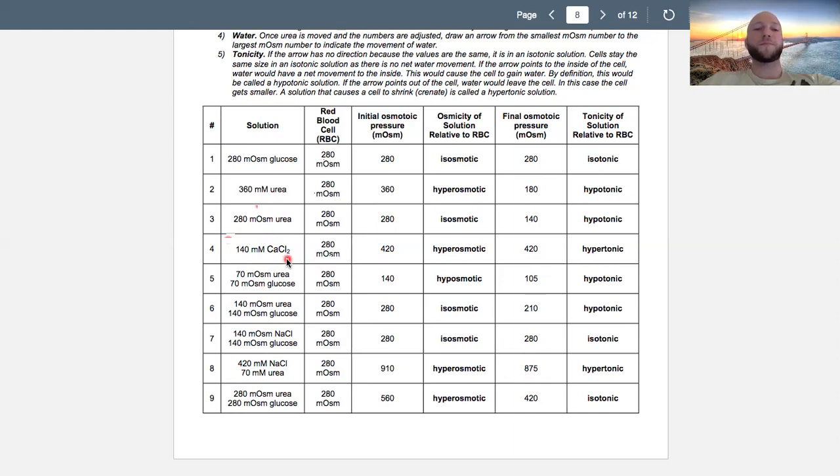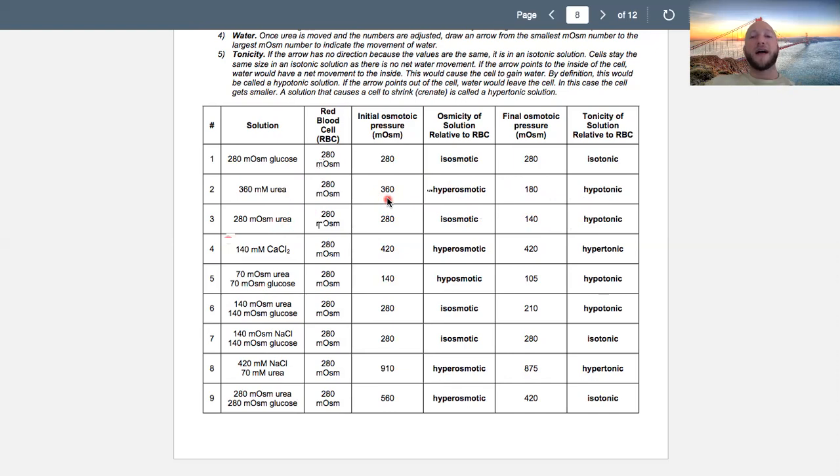Perfect. The other main area that students have trouble with is when dealing with urea. Urea is the one particle that we'll use that can go through the cell membrane. So you calculate your initial osmicity, then your final tonicity, your final osmotic pressure, you need to have urea move through the cell membrane.